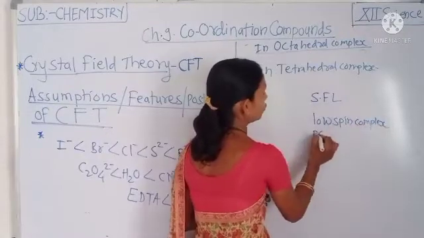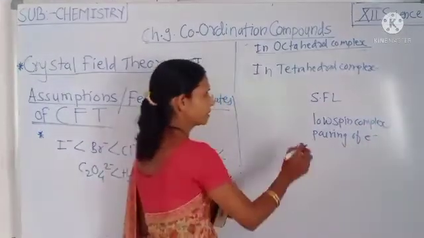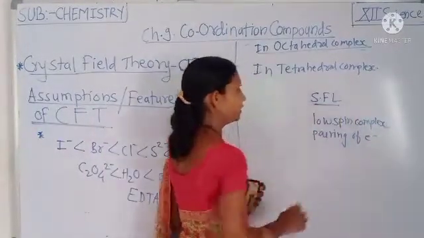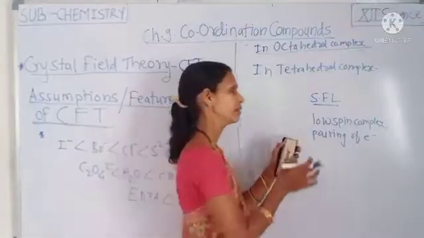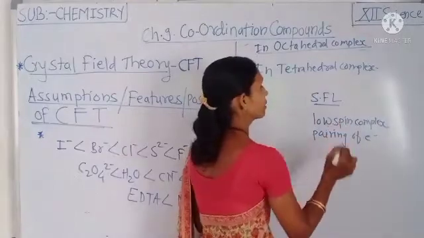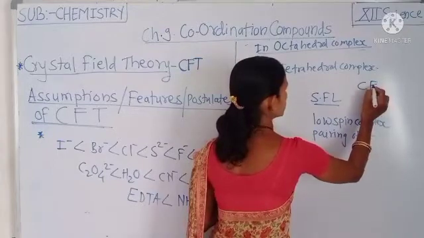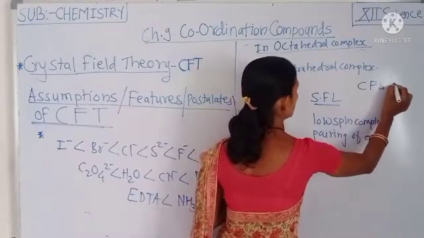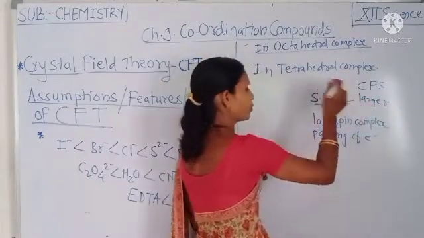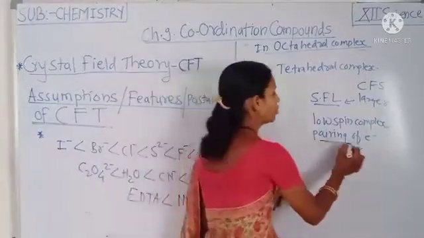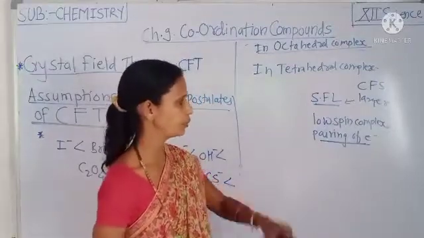Because strong field ligands split these d orbitals more, the value of crystal field splitting energy is larger, pairing of electrons takes place in those orbitals, and the complex formed is a low spin complex.